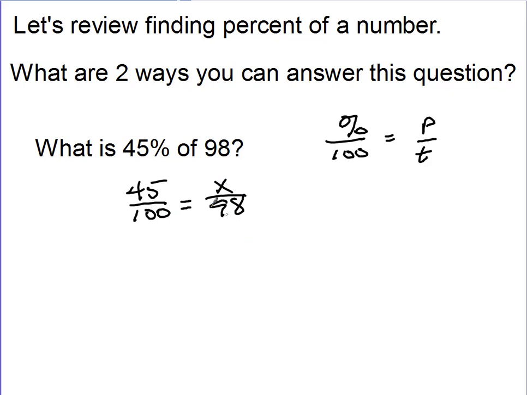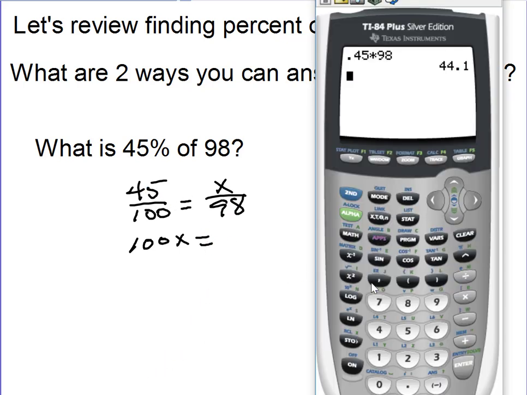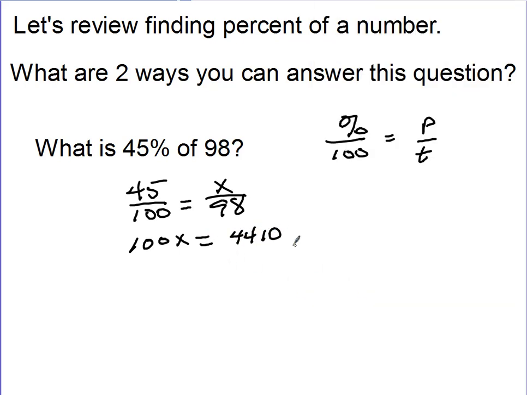So now we just cross multiply and divide by the number that's with our letter. So 100 times x is 100x. Is equal to, and now 45 times 98, so we get our calculator back out. 45 times 98 equals 4410.